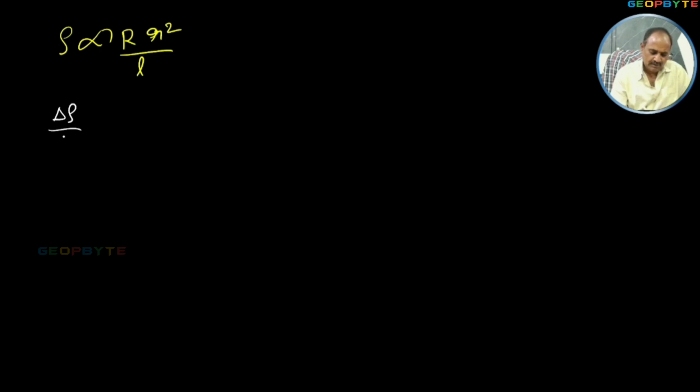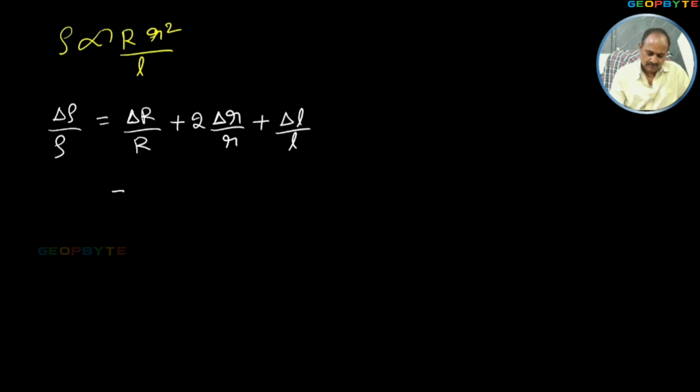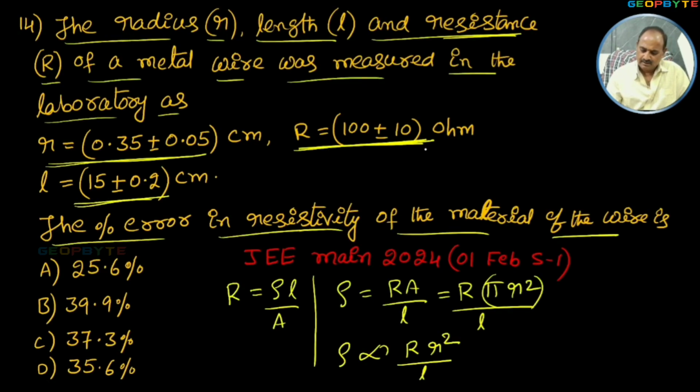Now let us write in terms of percentage of error. Delta rho by rho is equal to delta R by R plus 2 delta r by r plus delta L by L. Look at the capital R: 100 plus or minus 10.